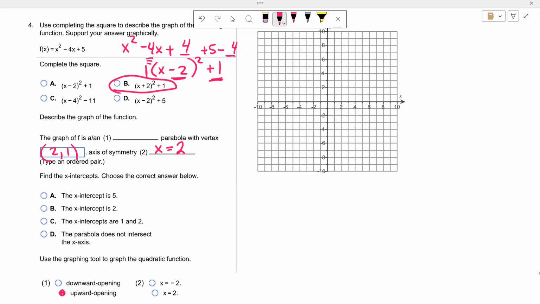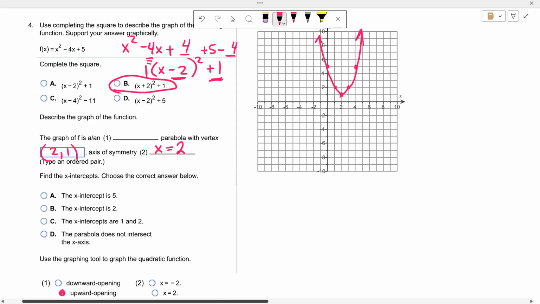Okay? If we're at 2, 1, and it opens up, we go over 1, up 1, over 1, up 1, over 2, up 4, back 2, up 4. It's a parabola that looks like this. Okay, how did I know those points right away?